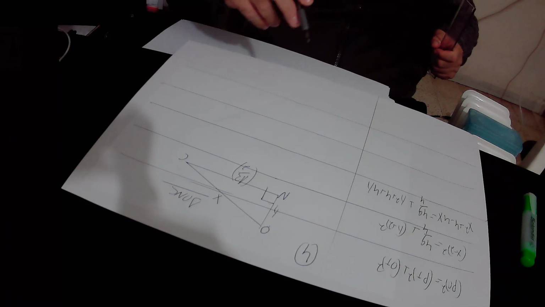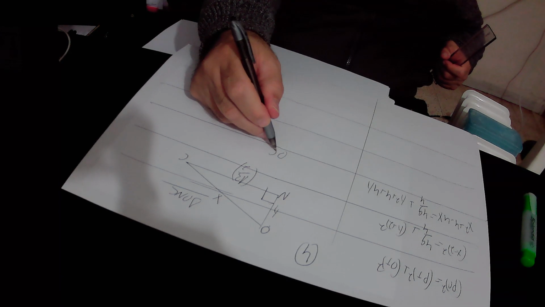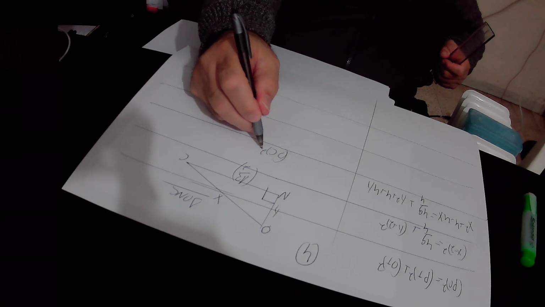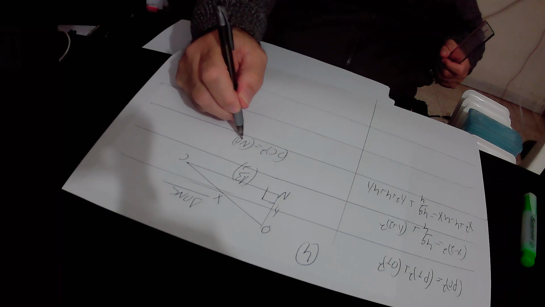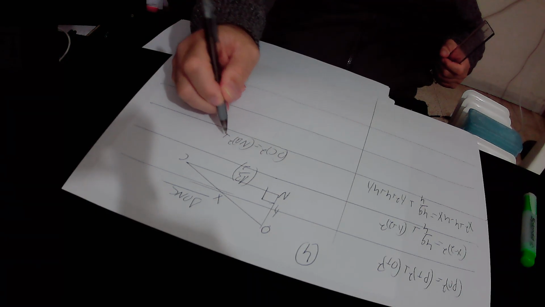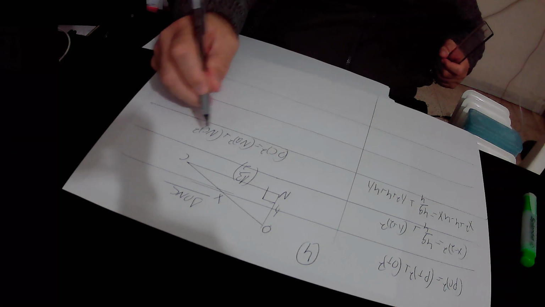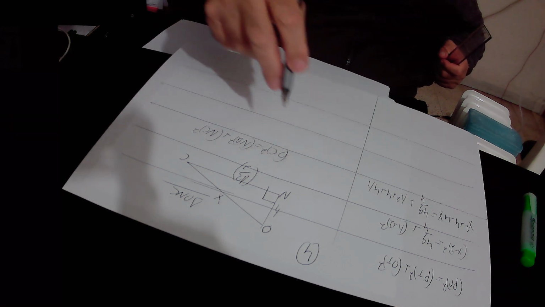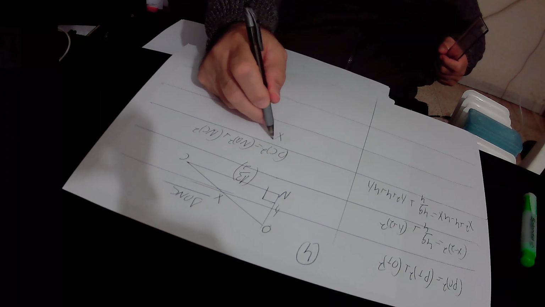According to the Pythagoras theorem, in this right triangle ONC, OC square equals NO square plus NC square. Again, OC square equals NO square plus NC square. So OC is x, therefore OC square is x square.